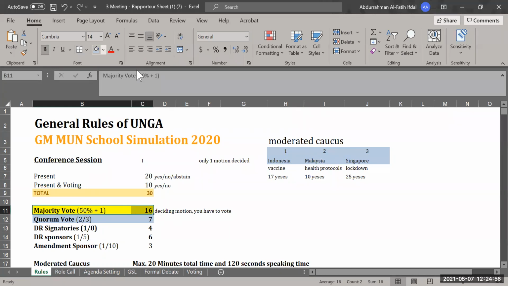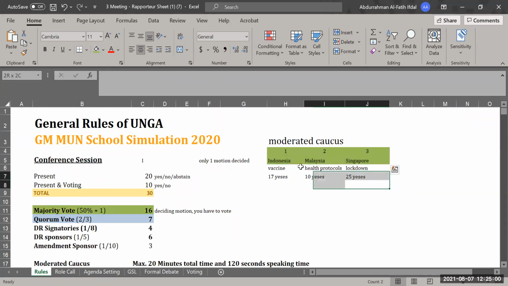There are three motions on the floor, and we can only choose one, right? Only one motion is decided. Based on the rules, which one will be accepted? You can start answering in the Zoom chat box.